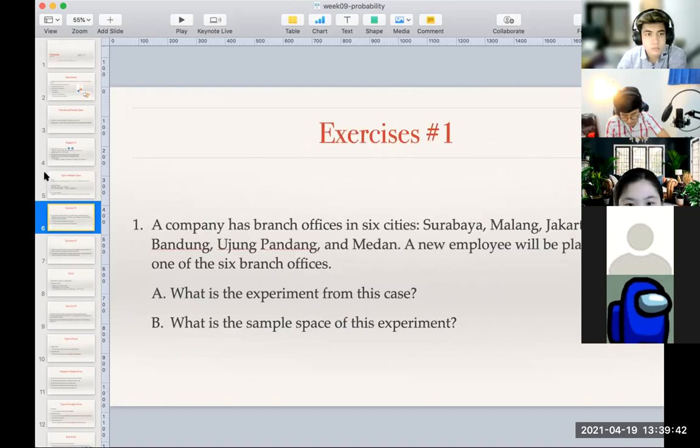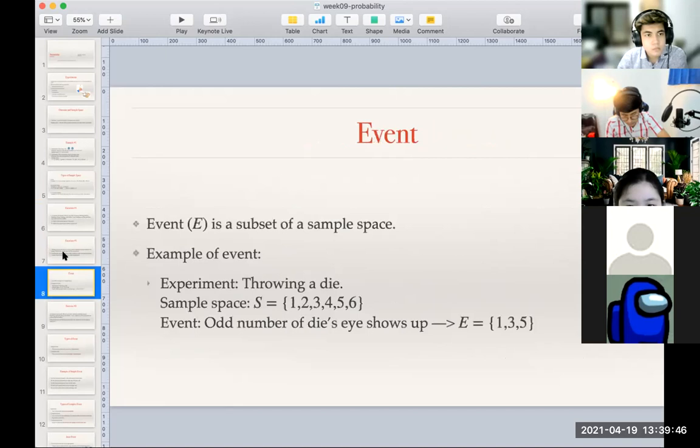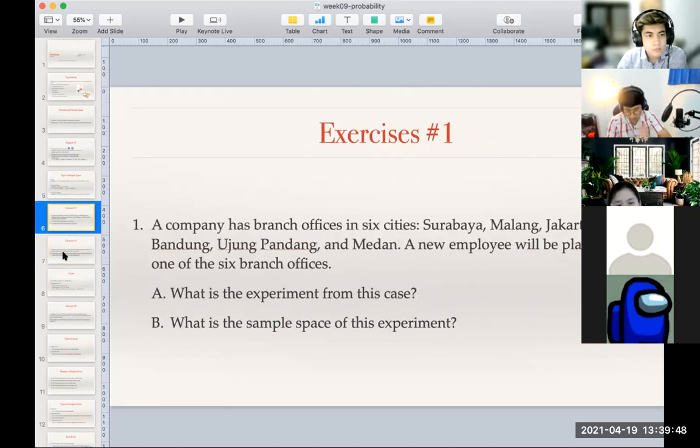Okay, so we have this exercise now. Let's see how many. Okay, we have 2 exercises. Let's quickly do the first exercise here. A company has branch offices in 6 cities, Surabaya, Malang, Jakarta. And a new employee will be placed in one of the 6 branch offices. So what is the experiment for this case?